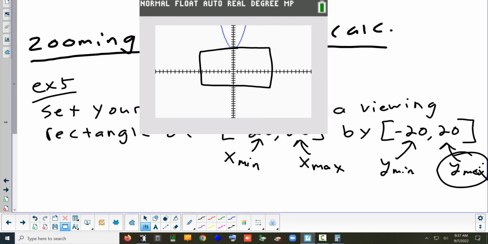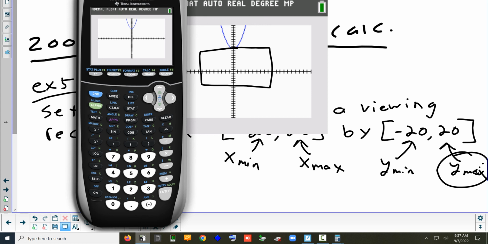Now, you might think, well, why don't I just set my window like negative 10,000 to 10,000? Why don't I just make it huge? Well, the problem is, if you make it too huge, the graph starts to get really tiny, and then you can't see. So you don't want to make the window so big that you can't even tell what shape you have anymore. It'd be like looking at your house from outer space. You can't even see it, and it's too small, right?